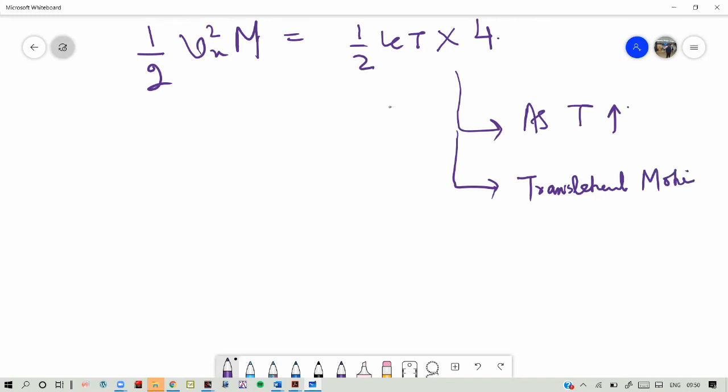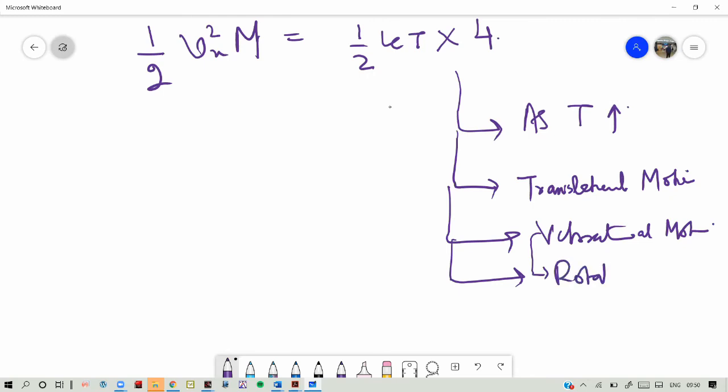As you increase further, there will be a vibrational motion, and before this, at higher temperatures, there will be a rotational motion. So these will decide the different degrees of freedom which will be available to a silver atom which is at very high temperature, such that it is in the form of vapors.